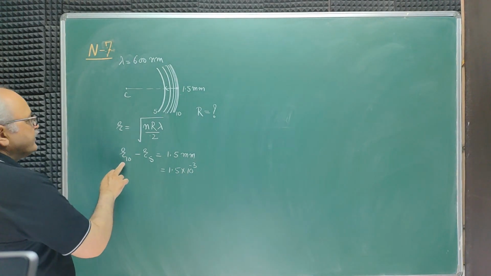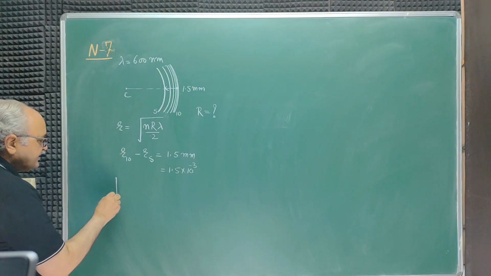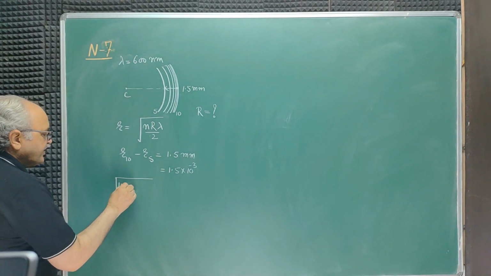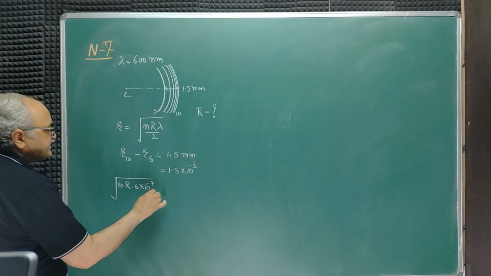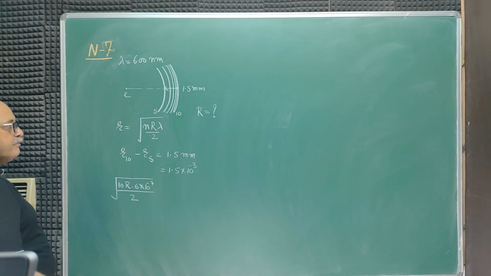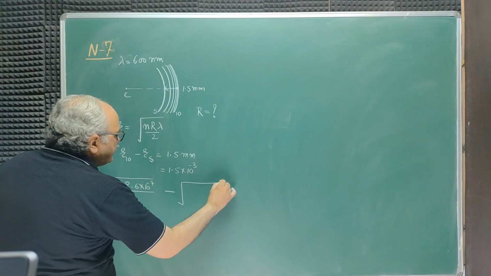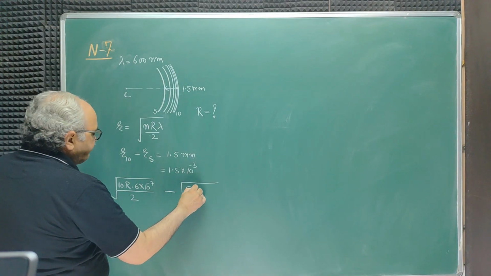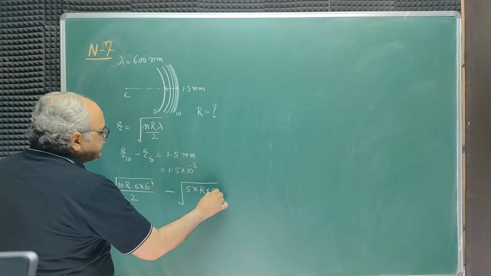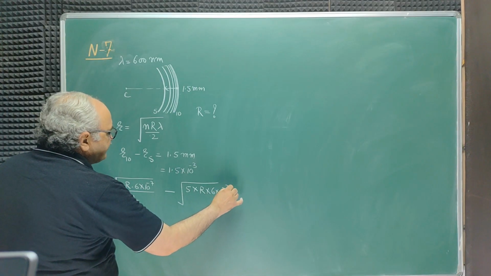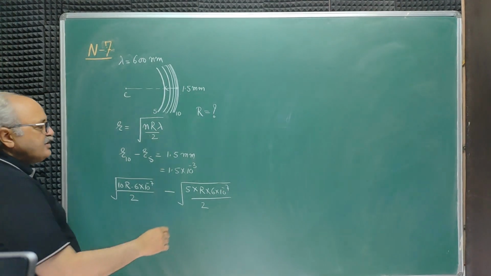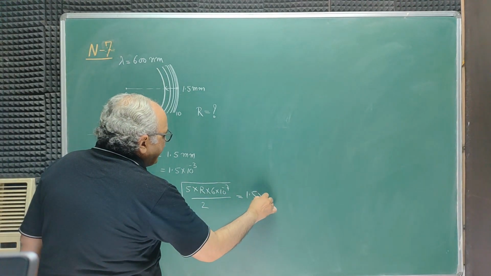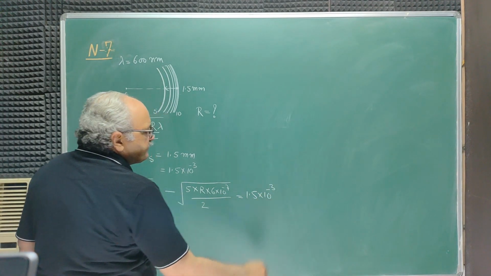So let's put the expression for this. It is under root of 10 r times the wavelength, 6 into 10 to the power minus 7, divided by 2, minus under root of 5 r times 6 into 10 to the power minus 7, divided by 2, and this equals 1.5 into 10 to the power minus 3.